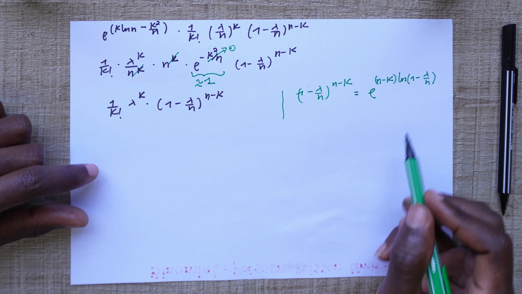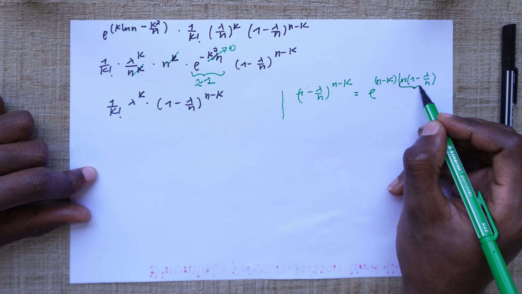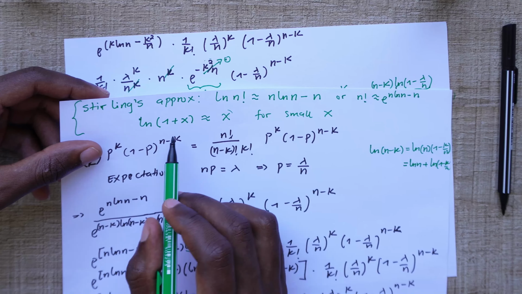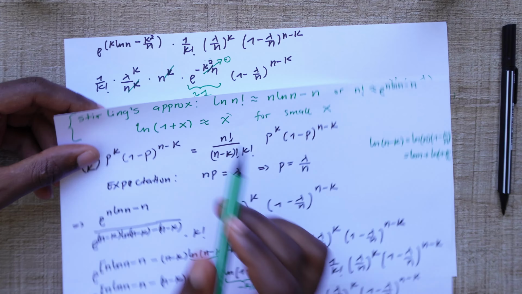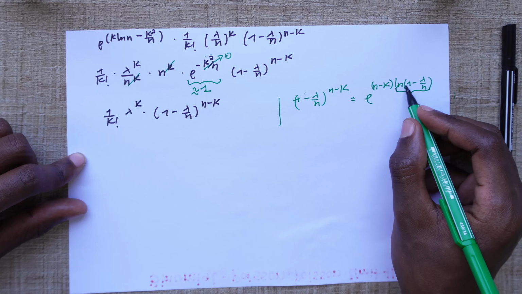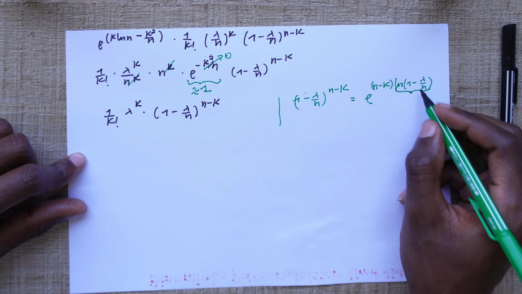And then here we can again make use of our approximation that we have at the beginning. Recall that for small x, log of 1 plus x is approximately equal to x. So when n is very large, log of 1 minus lambda over n is very small.